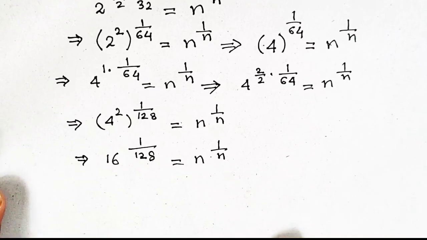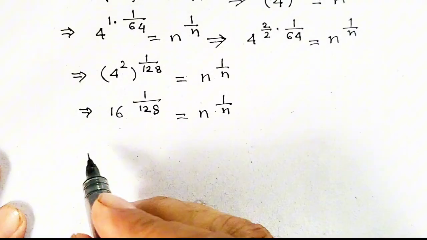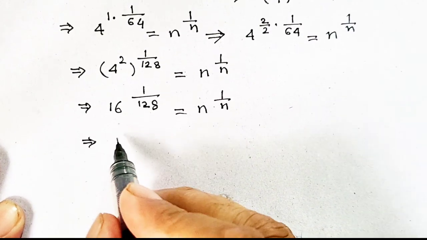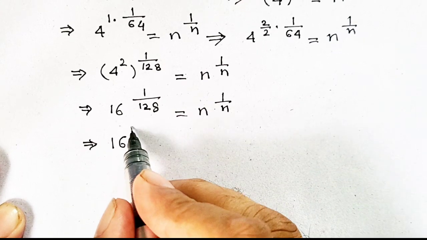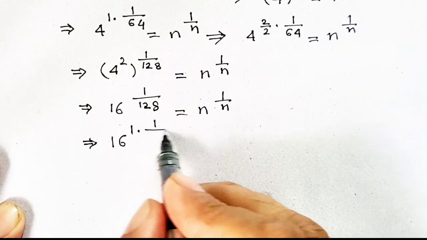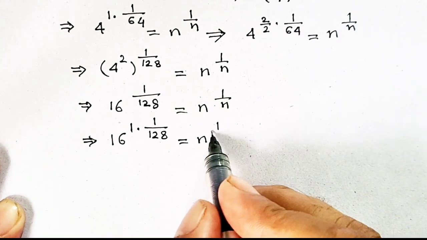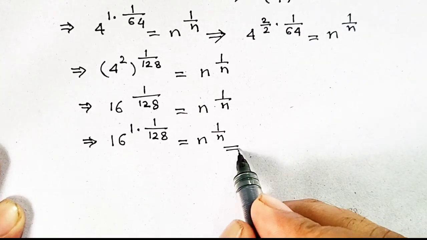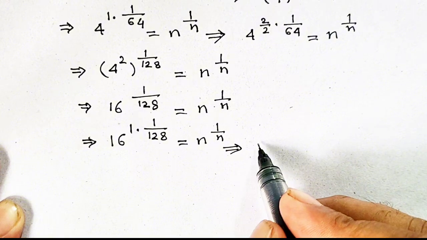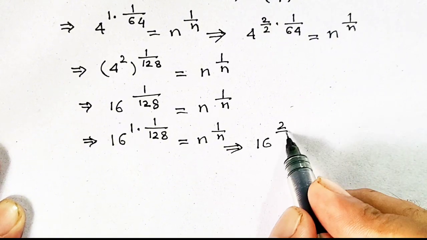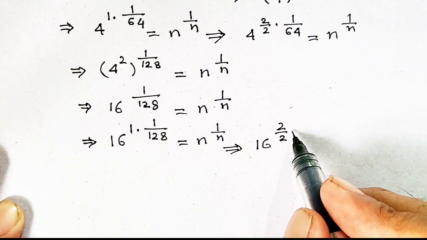Again we will repeat the process, so we can write this one as 16 power 1 times 1 over 128 is equal to n power 1 over n. So 1 can be written as 2 over 2 as we have repeated it.